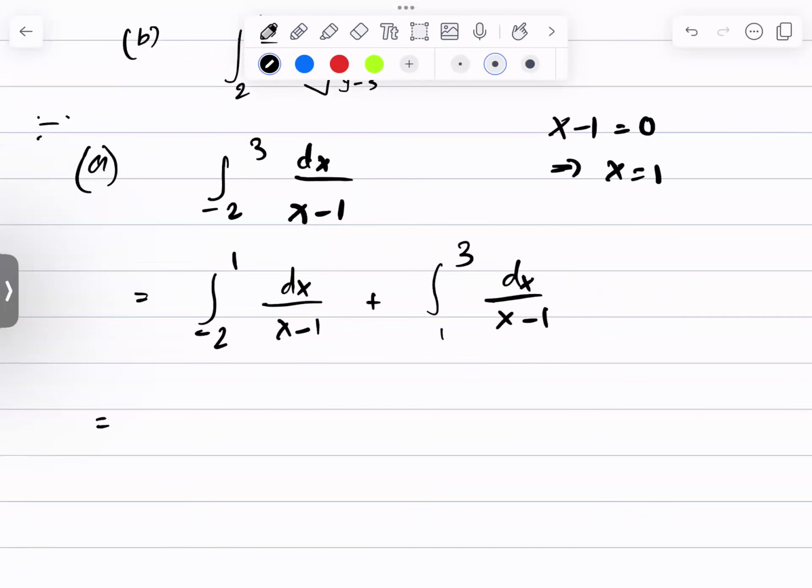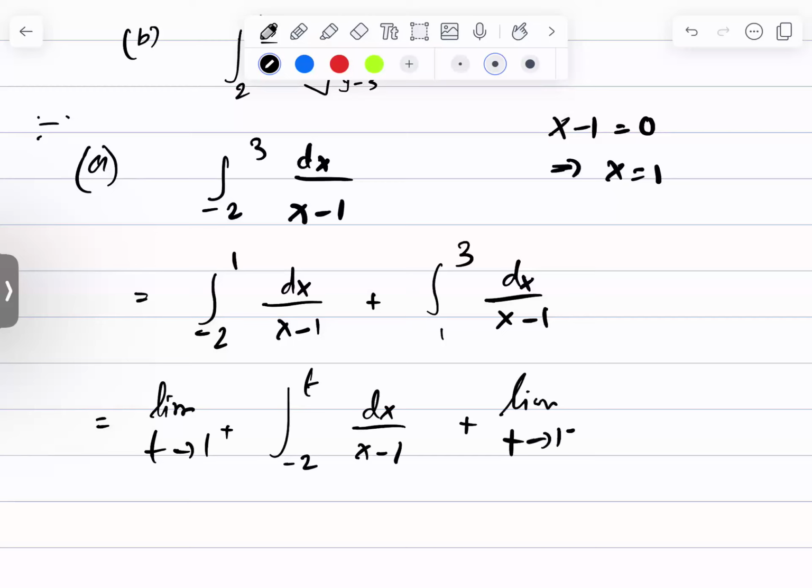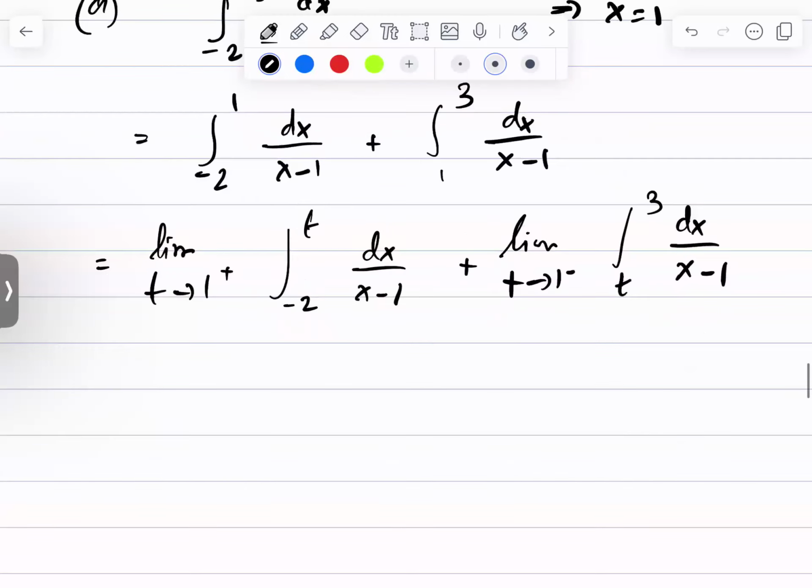Now what I can do is write limit t tends to 1, say plus, doesn't matter, of the integral from minus 2 to t of dx over x minus 1, plus, again I have to take a limit there also, let's say limit t tends to 1 minus, of the integral from t to 3 of dx over x minus 1.